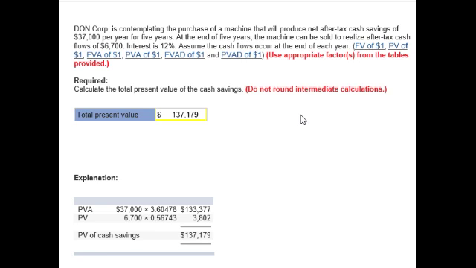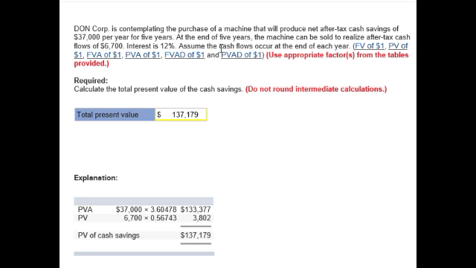So since we don't know the present value, we should look at the present value table. And since we are talking about an annuity, a cash payment going in or out every year, we should be using an annuity table.